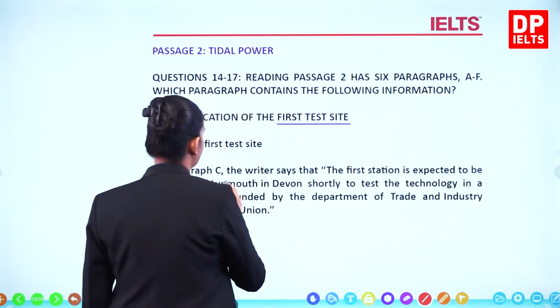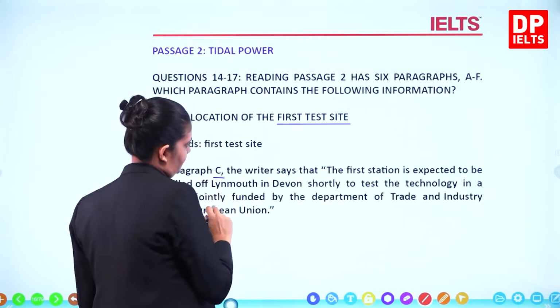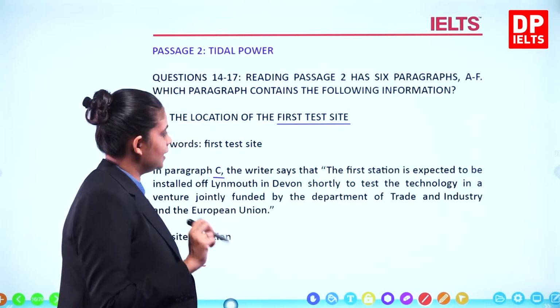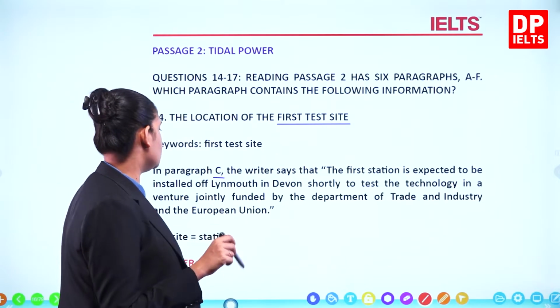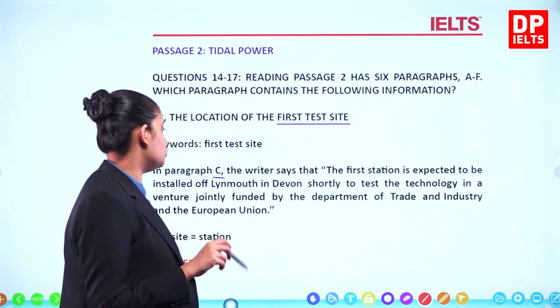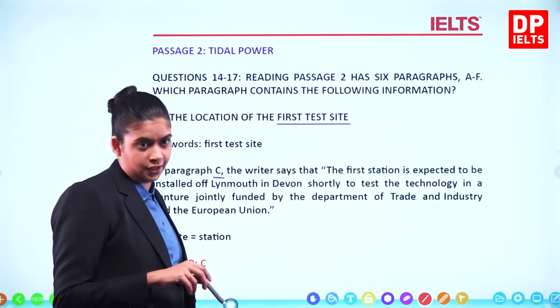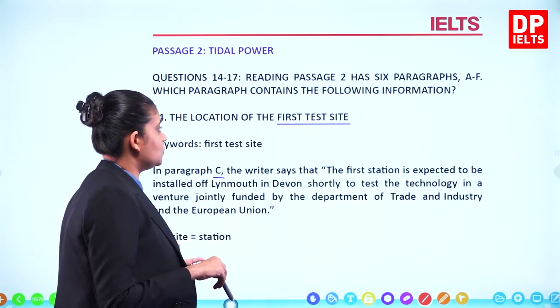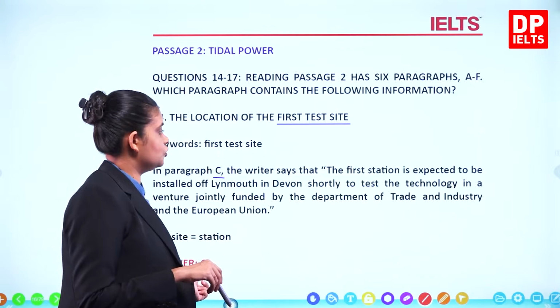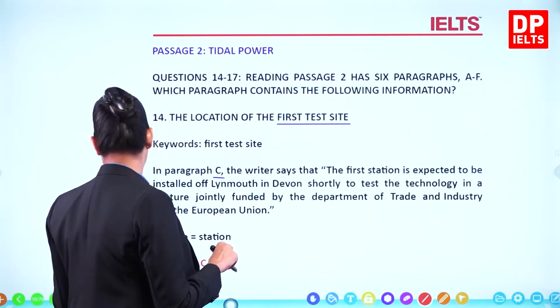In paragraph C, the writer says, the first station is expected to be installed off Lynmouth in Devon shortly to test the technology in a venture jointly funded by the Department of Trade and Industry and the European Union. So the location of the first one is there in para C, so the answer should be C.